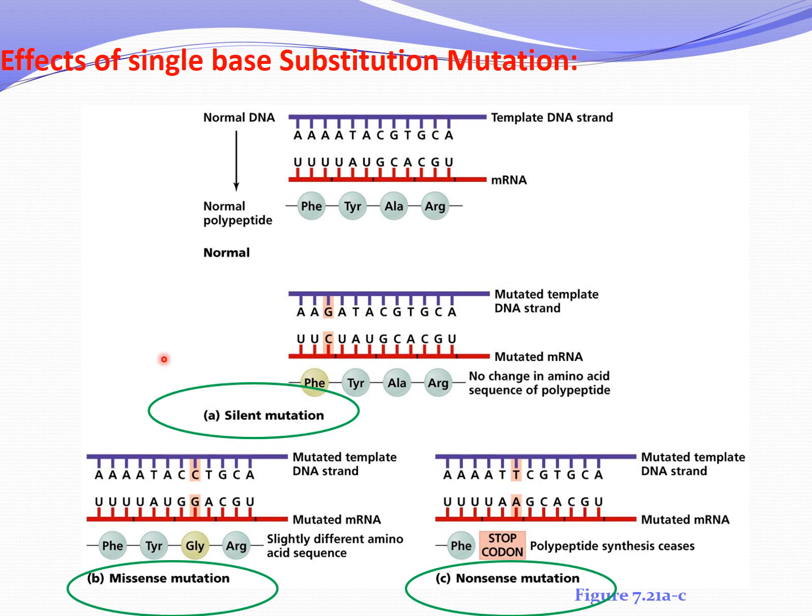All of these are substitution, meaning you have a nucleotide that gets substituted with a different one. Okay, but the effect could be either silent, meaning there's no change in the amino acid sequence, or missense, where you get change in the amino acid sequence, or nonsense if it becomes a stop codon. Okay, so it stopped the translation right there.